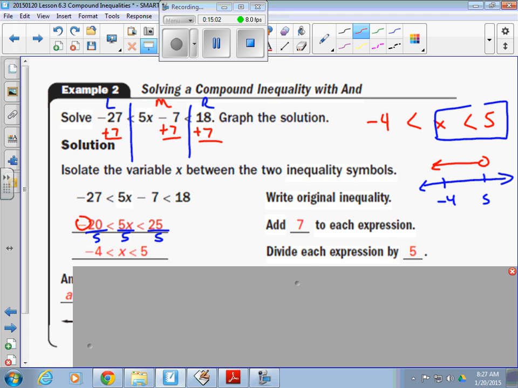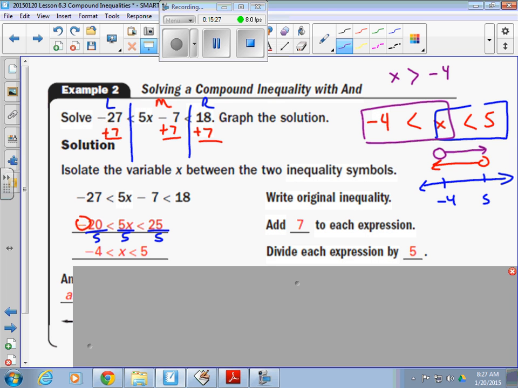Then take this part of the inequality and reverse it to have the x come first. So it'll say x is something -4. Remember which one the big mouth eats. The big mouth in this case eats the x. So then graph it that way. It says x is greater than -4.